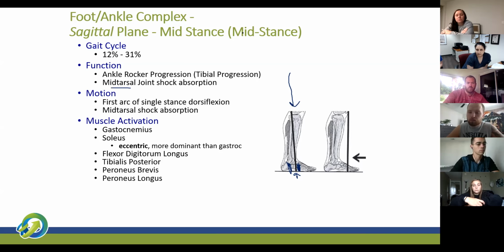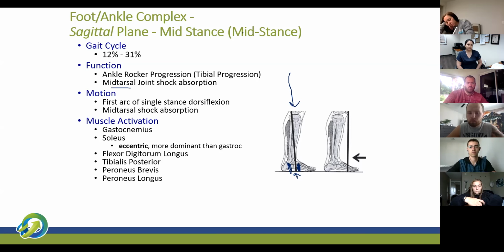And then we also have to have stability. This is where we start to see single stance dorsiflexion, and the muscles that are primarily acting are the plantar flexors.